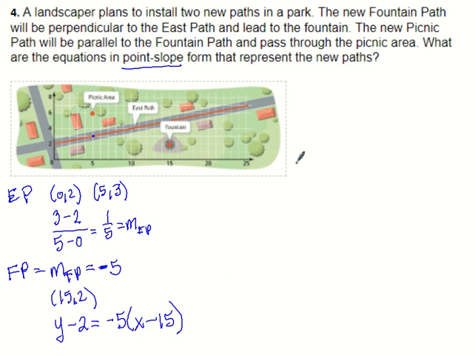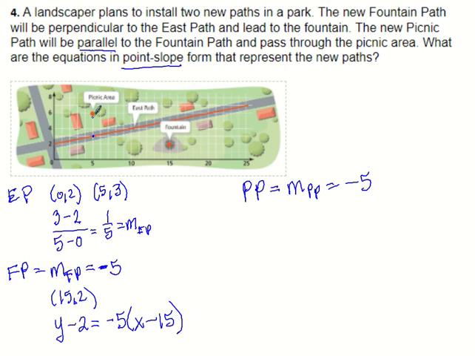I don't have to put it in standard form, and I don't have to put it in slope-intercept form. So then it says that the picnic path is parallel to the fountain path. So we're going to put PP over here. And the slope of the picnic path would also be negative 5 because it's parallel. Remember, parallel is the same slope. Now, we need to use the point for the picnic path.